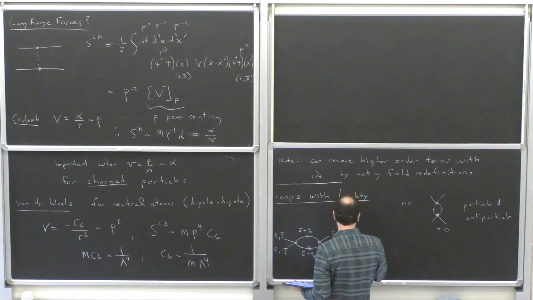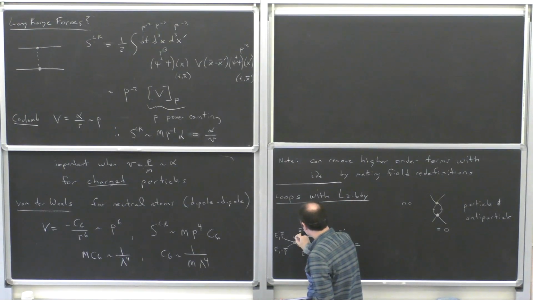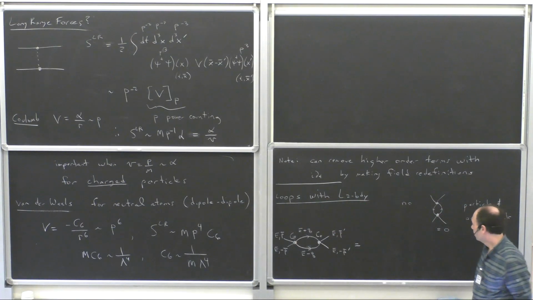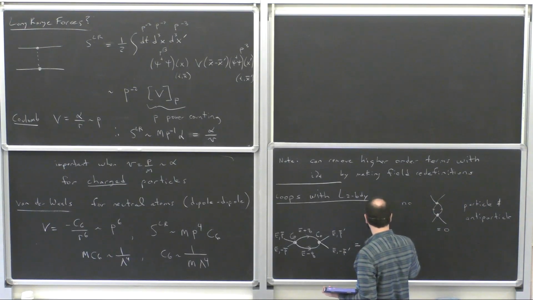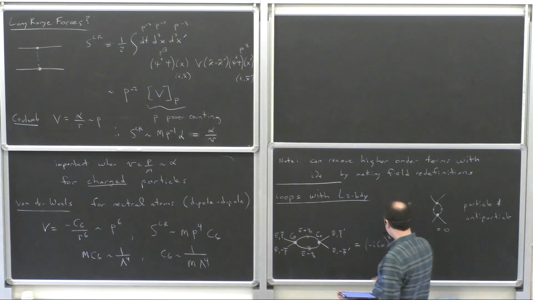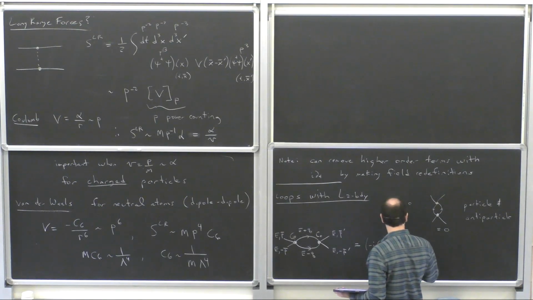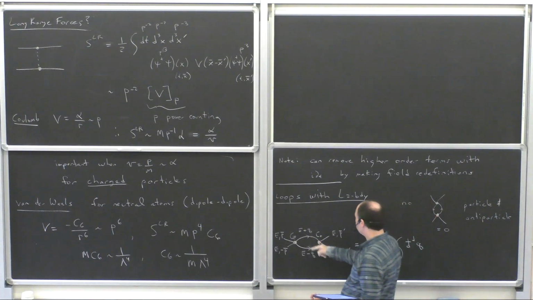And so then I can think about calculating this Feynman diagram. Let's calculate it for the simplest possible thing. So I'll put in C0, C0, two of those contact interactions. Contact interactions, this is like lambda phi 4 theory. So there's some coupling, minus i C0. I can normalize things, so it's simply that, minus i C0 squared. That's the coupling. And then I have a loop integral to do. I'll do the loop integral in dimensional regularization. So I have an integral d^d q, and then I have just two propagators here.